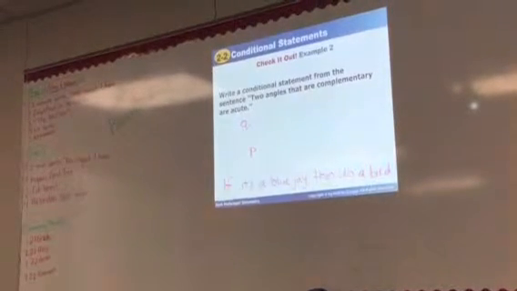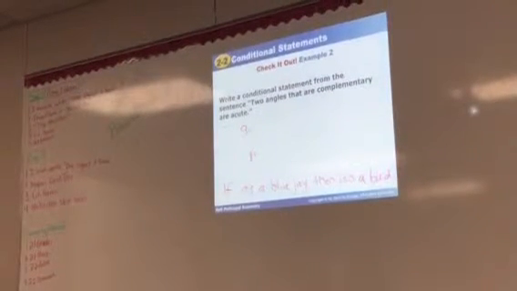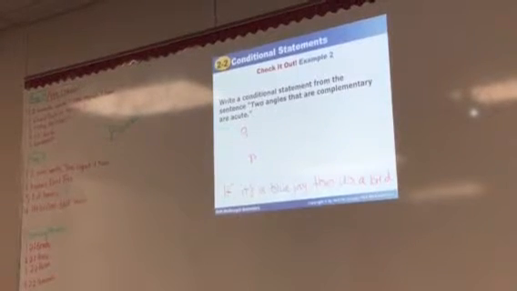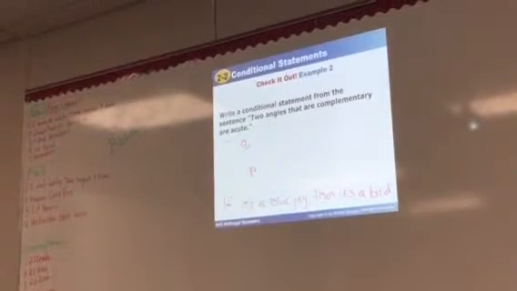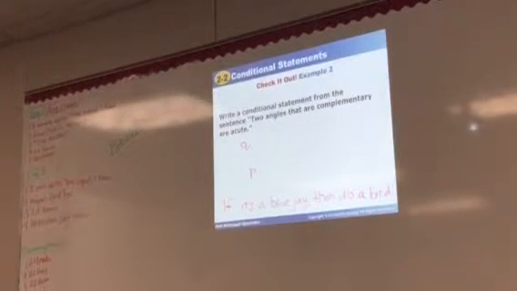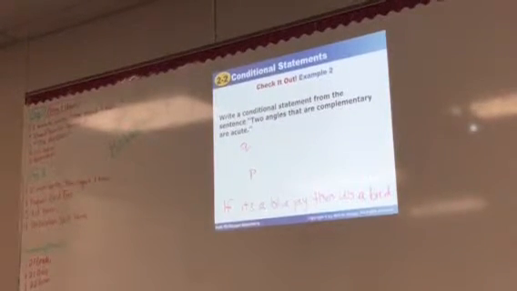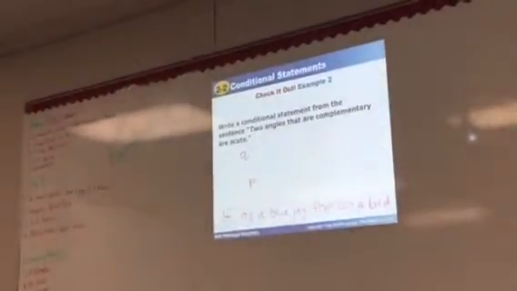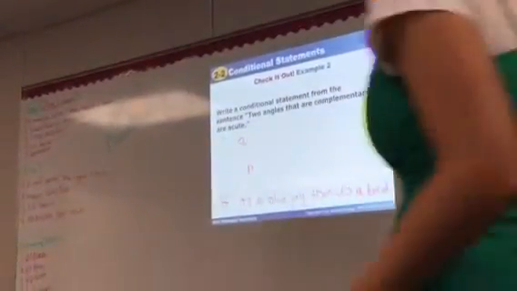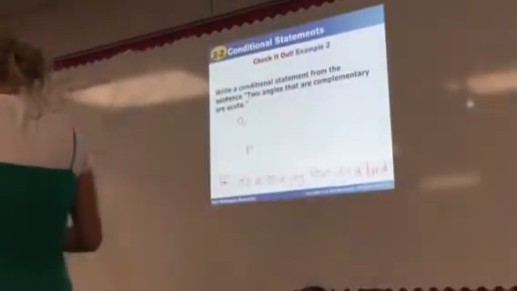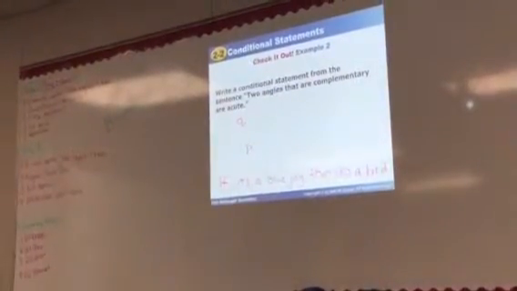We could have an acute angle with angle 1 degree, and an acute angle with angle 2 degrees. Those are not complementary. Good. Okay? Think about what you're writing. Yeah, if two angles are complementary, then they are acute.